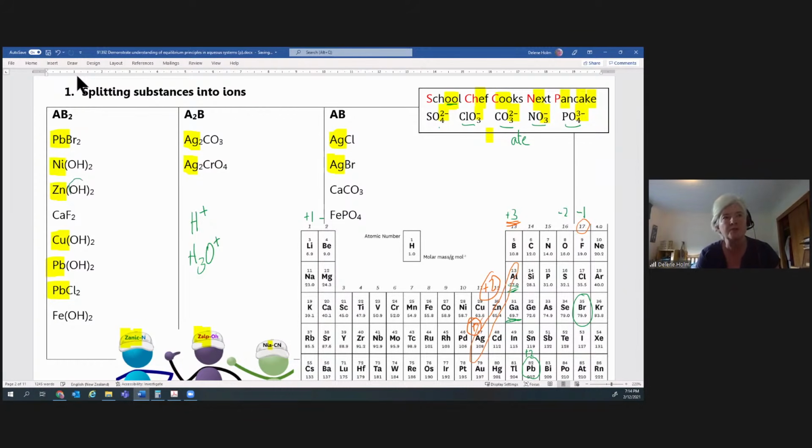Well, there is a base. So if you change your pH, then both the zinc and nickel hydroxide and copper hydroxide and lead hydroxide and iron hydroxide, if you get given a hydroxide, it will be affected by pH. So that's, again, something you're going to have to discuss when you are asked about the solubility of a substance.